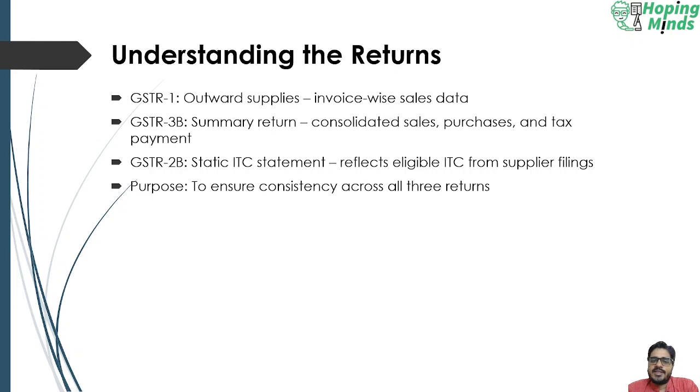GSTR-2B is a static auto-drafted statement that reflects the input tax credits available to the recipient based on the GSTR-1 filed by the supplier of goods or services. So GSTR-1 and GSTR-3B are filed by the taxpayer, but GSTR-2B is a system generated return based on what suppliers file in their GSTR-1 return.